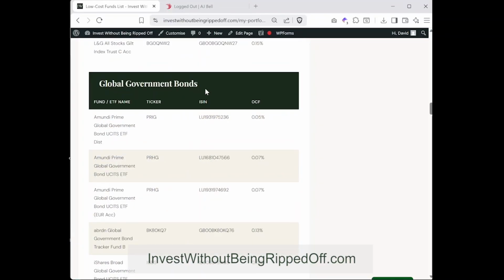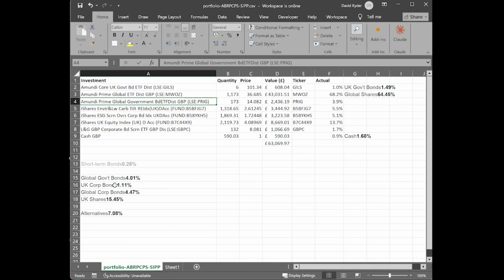Ah, there it is, global government bonds. So I don't know what I was looking at before, but it's there. So it is global government bonds indeed that one. So we moved that one. Global government bonds is PRIG, which is that one.